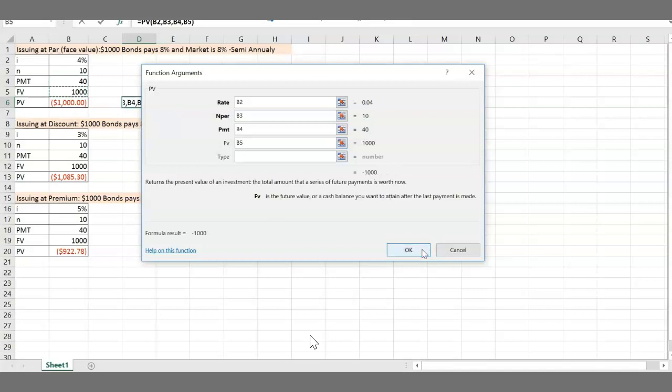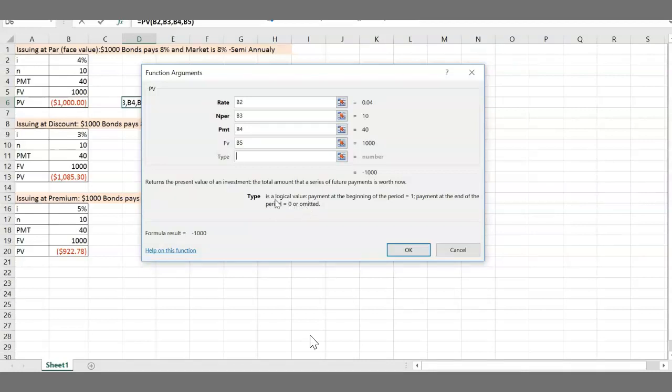And okay. Type, let me explain this one. The type is very important, because it's ordinary annuity, that means payments will be received at the end of each 6 months, then you leave it, it says pay at the end of the period, which is ordinary annuity, then either enter 0 or just leave it blank.